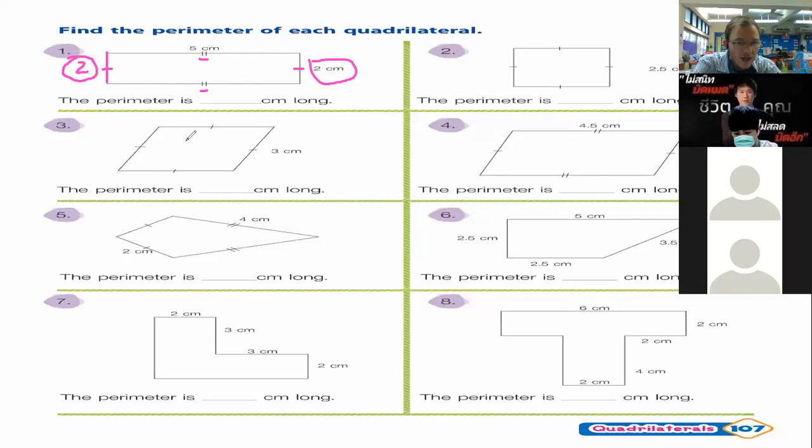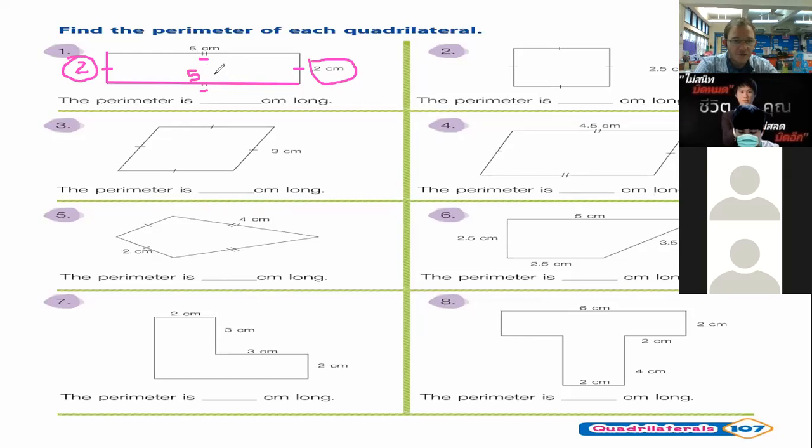So how long will the line at the bottom be? This one. What would the length of this line be? Anyone? The length of the bottom line. 5 centimeters. Excellent. So now we have the length of all the sides. Now all we have to do is we take the numbers and we add them together.